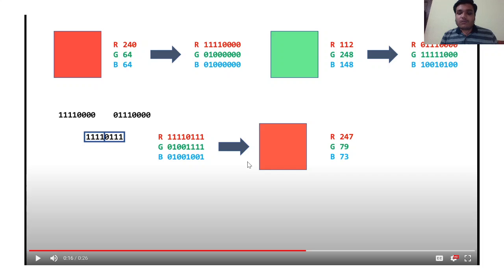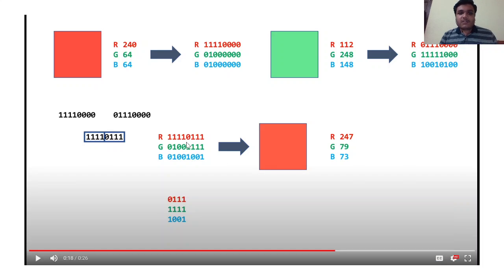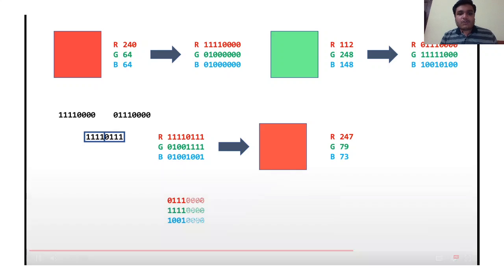Now let us see how we extract this green image from this red image. As I told you during encoding time, we take the four LSBs of the stego image, that is the image which contains the hidden data. So these four LSBs of the stego image are nothing but the four MSBs of the hidden image. So what we are doing is we are extracting the four LSBs of the stego image, and we are appending zeros to it.